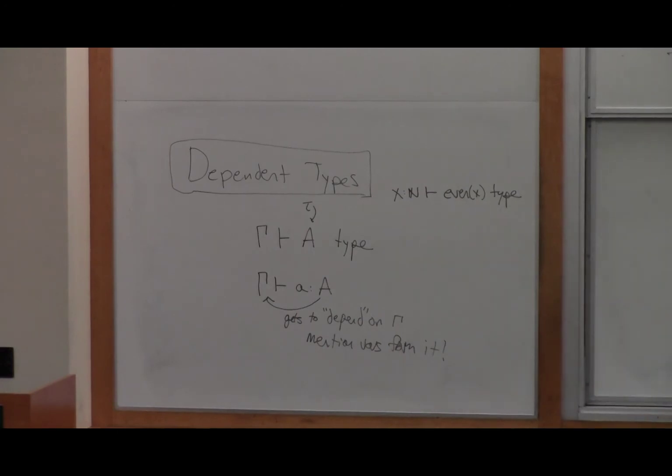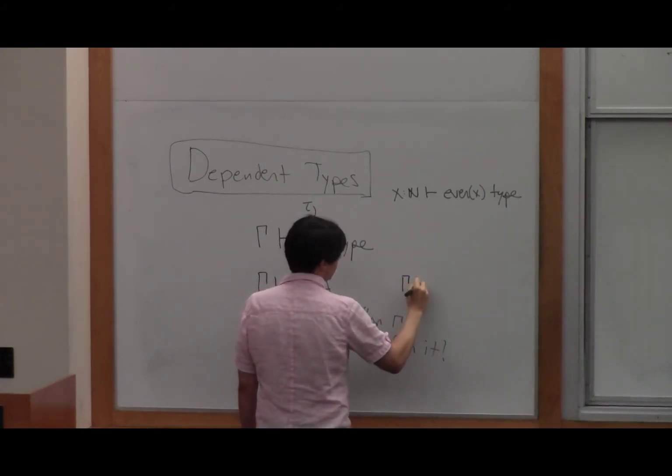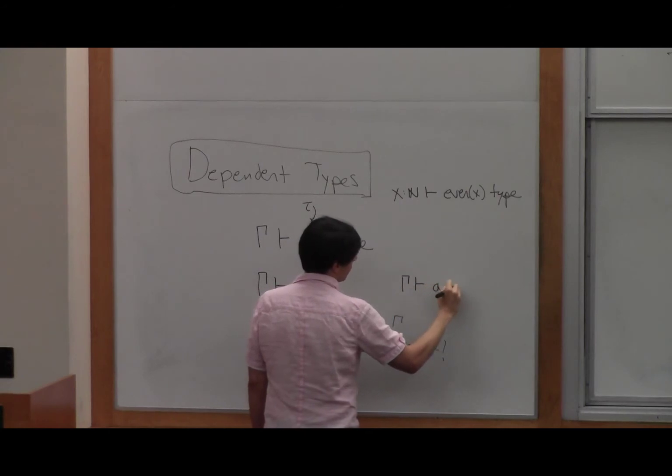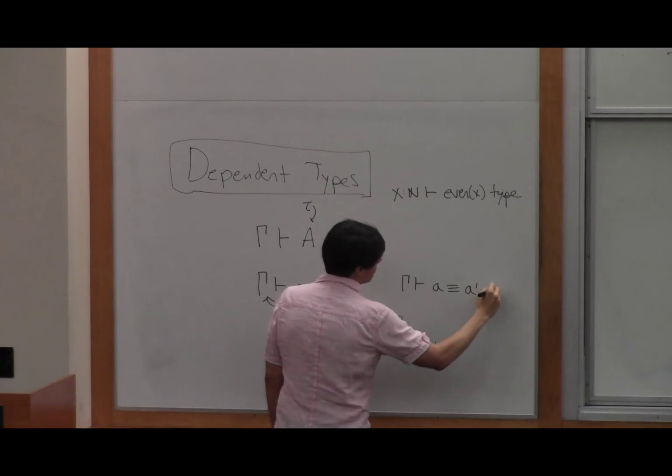Right? We needed that when we said every number is either even or odd. We needed the idea that we could talk about a number in a type. Okay? So that'll just be mentioning a variable from a context. And along with these, we're going to need to know, for example, some notion of when n is prime.